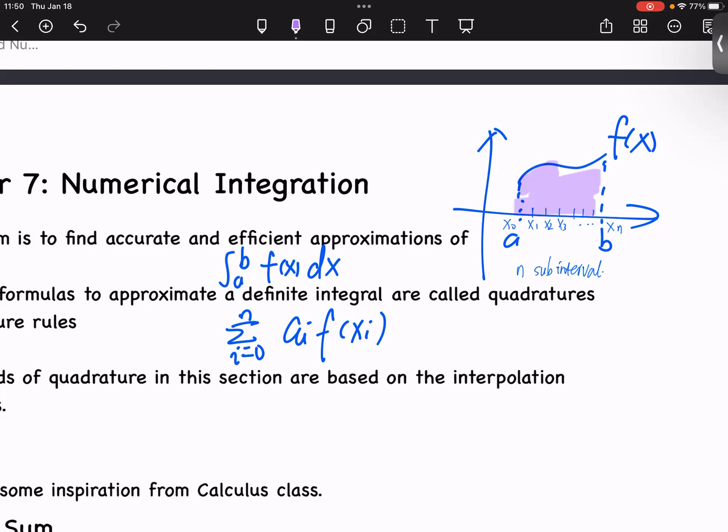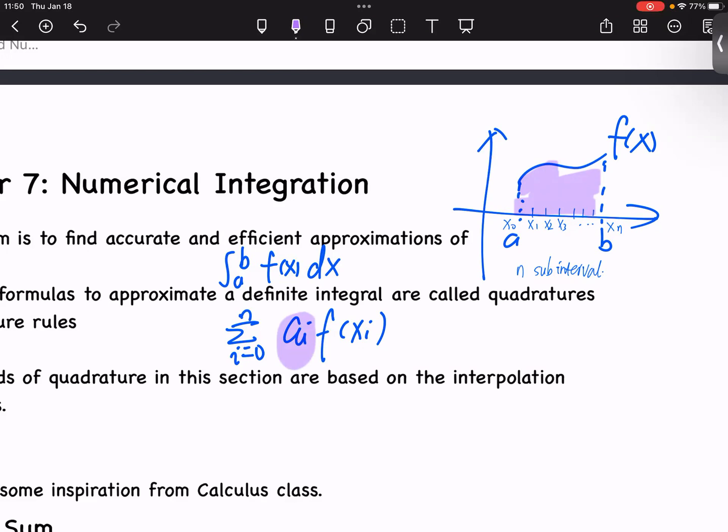So in this class, we are going to decide what the ai coefficients are, so that we have the quadrature formula, and this quadrature formula is used to approximate the integrals we have here. So the question is that we want to decide what the ai is, not artificial intelligence.